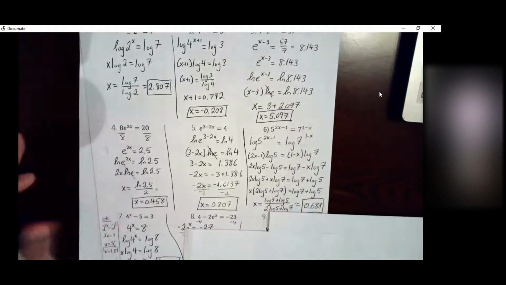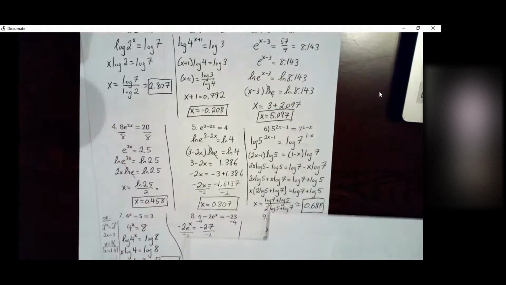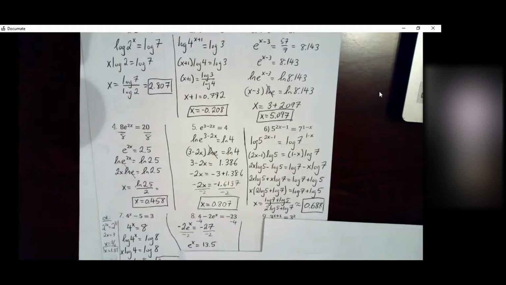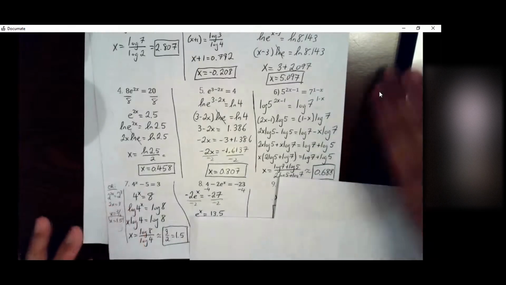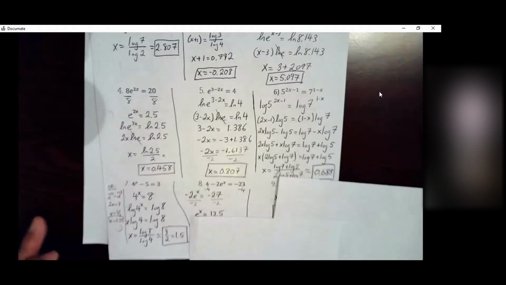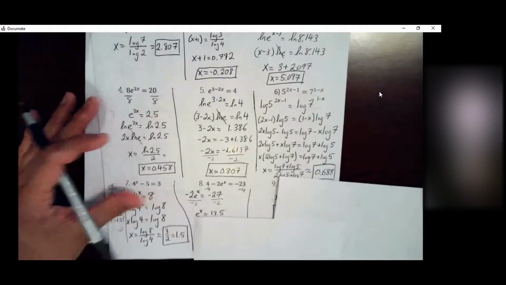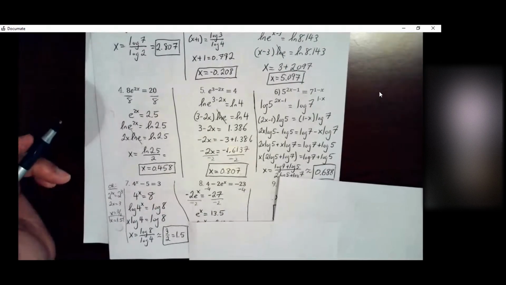Yeah, that's what I did. Then e^x equals, not negative, positive 13.5. We can take the natural log, right? That's right. So x equals natural log 13.5.